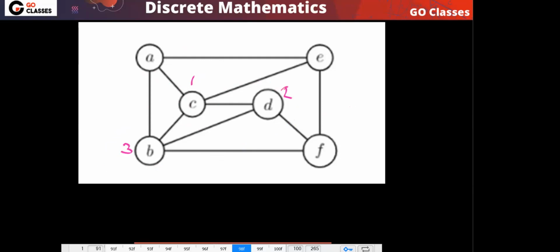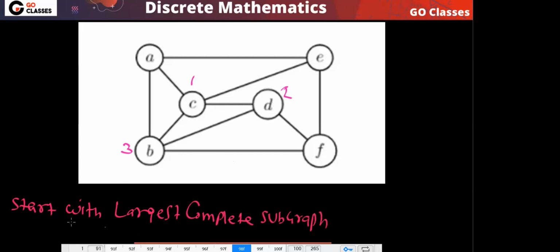So what do you do? You start from the triangle. Very simple point. Basically, you start with the largest complete graph. Yes or no? And in this graph, what is the largest complete subgraph?